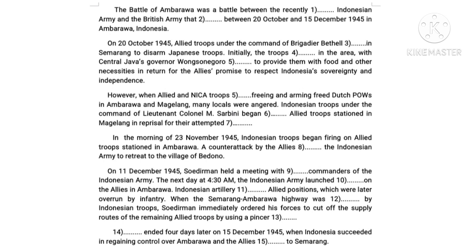When the Semarang-Ambarawa highway was captured by Indonesian troops, Sudirman immediately ordered his force to cut off the supply routes of the remaining Allied troops by using a pincer maneuver. The battle ended 4 days later on 15 December 1945, when Indonesia succeeded in regaining control over Ambarawa and the Allies retreated to Semarang.